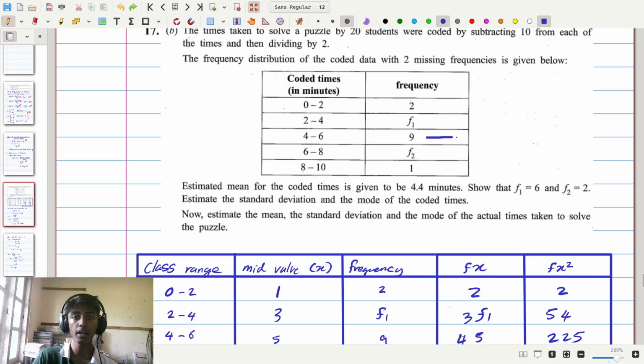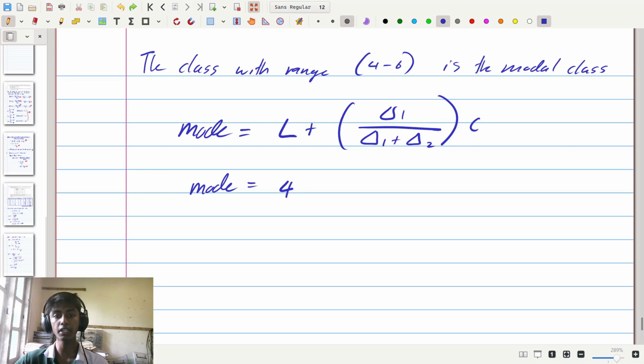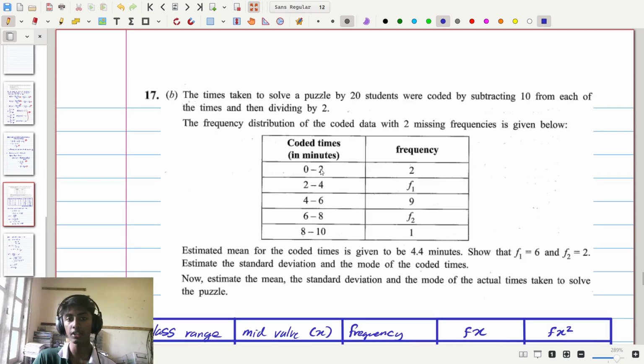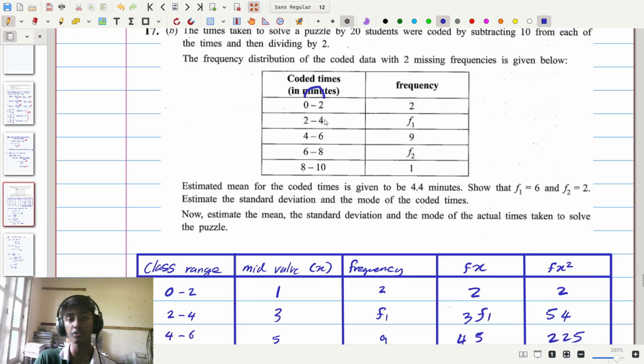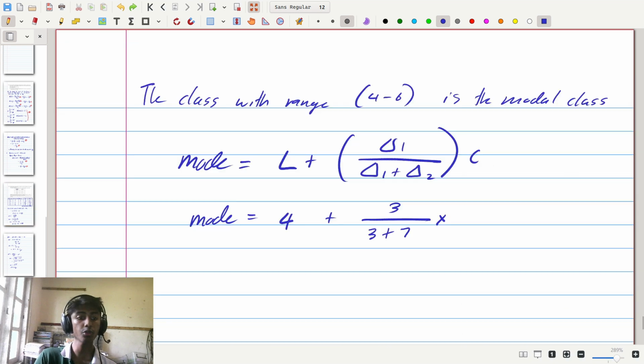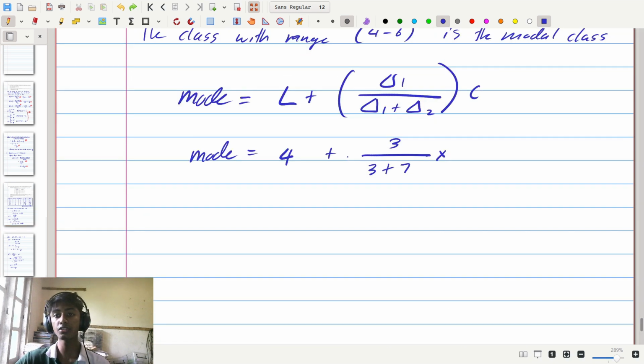So therefore, delta 1 is equal to 3 and delta 2 is equal to 7. So going down, instead of delta 1, we can substitute 3, and instead of delta 2, we can substitute 7. So we have 3 plus 7 times C. And if you consider the classes, each class is exactly 2 units long, and therefore the class interval here is equal to 2. So doing that, we can go down and write C is equal to 2.